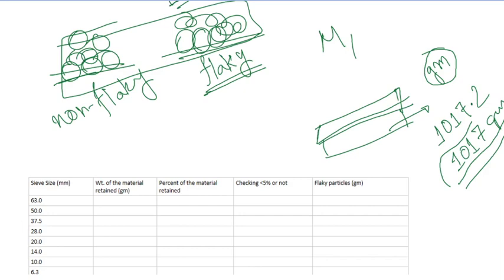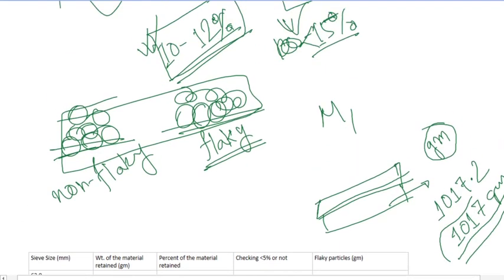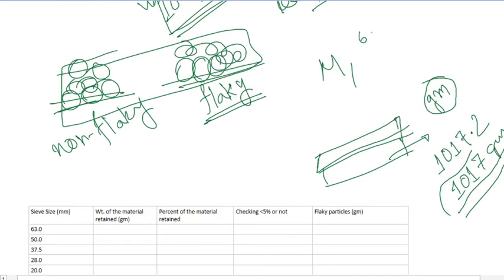Subdivision might be needed if the retained mass in any British sieve for these two experiments exceeds the specific mass value for that range. For example, if it is a 50 millimeter British sieve, the weight retained of the material should not be greater than 50 kg.